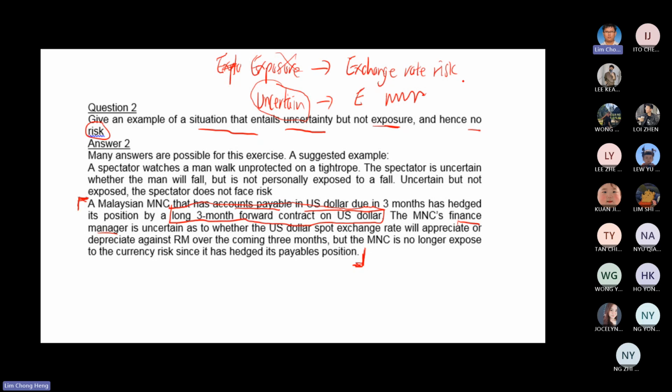So assume you lock the exchange rate now at 4 ringgit 50 cent. After 3 months, whether ringgit Malaysia appreciates to more than 4 ringgit 50 cent or less than 4 ringgit 50 cent is not related to you.